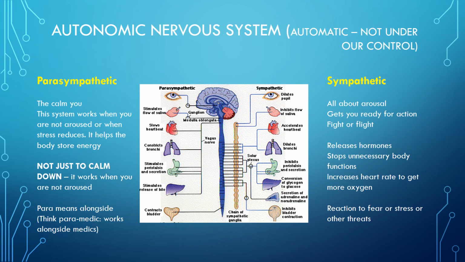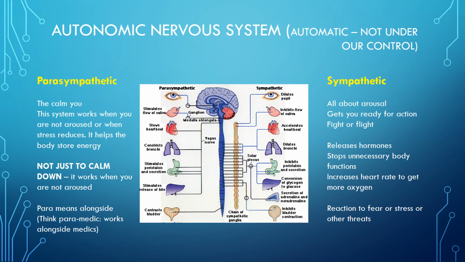And there are two systems that work together: the sympathetic system and the parasympathetic system. The one is about arousal and the other is about storing energy when the body doesn't need to be aroused.